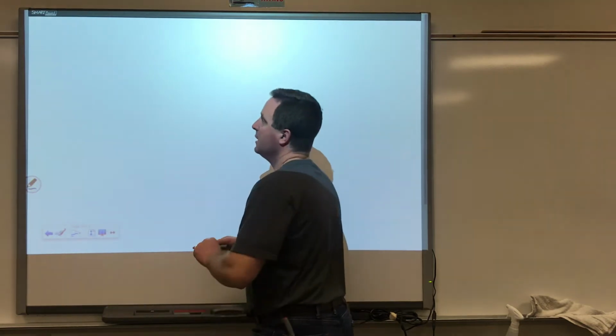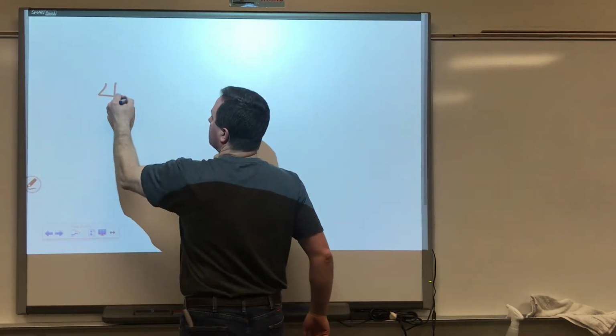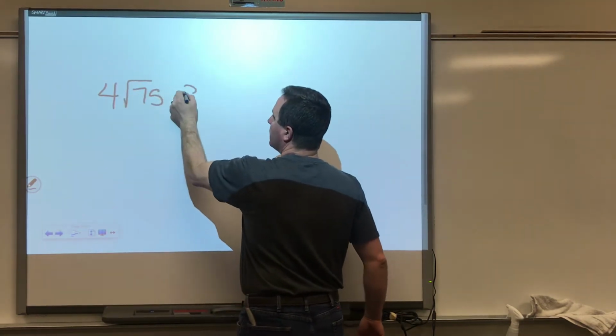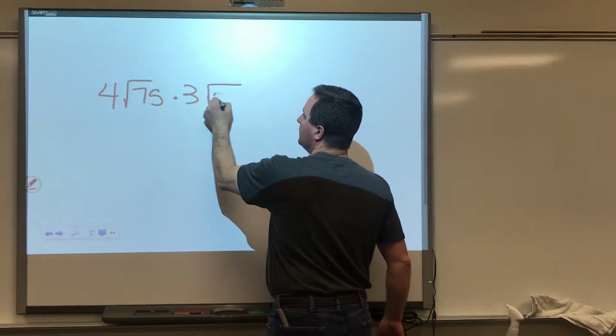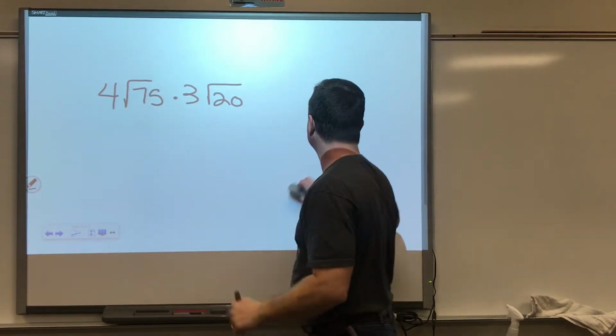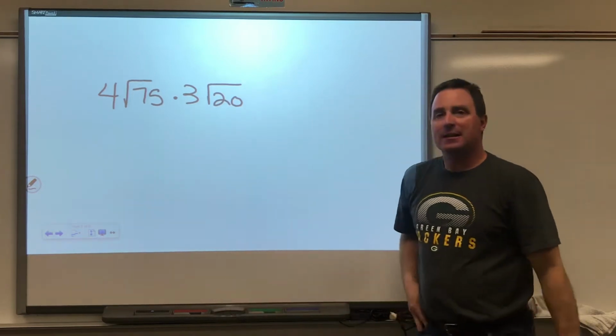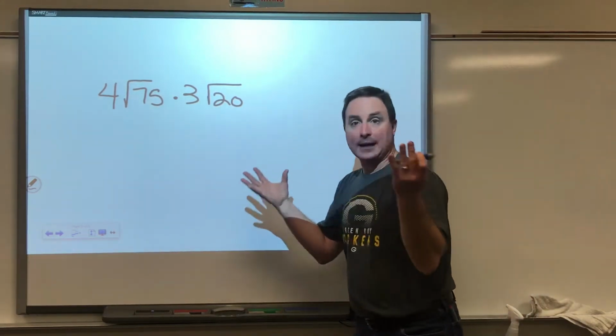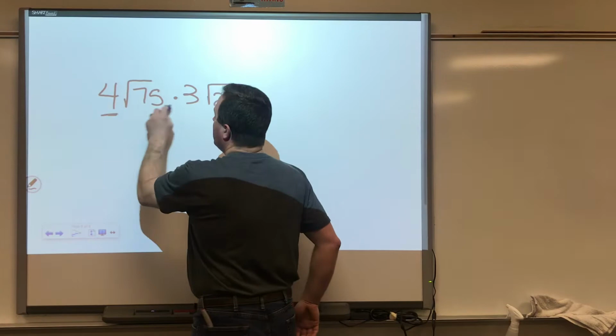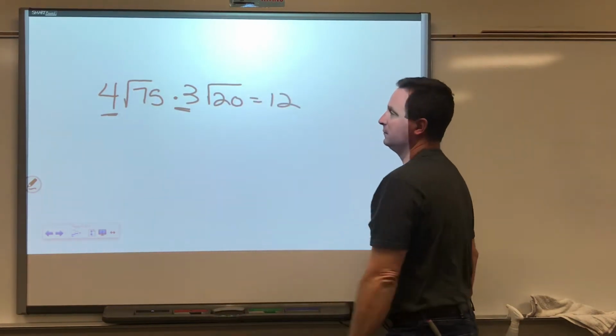How about another one here? Just a couple others. How about something like this? Now, this one, if I follow the same little rule I had, 4 times 3 is 12.